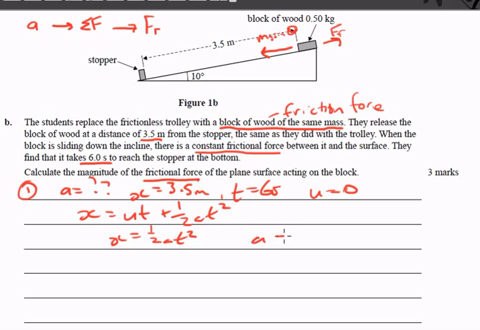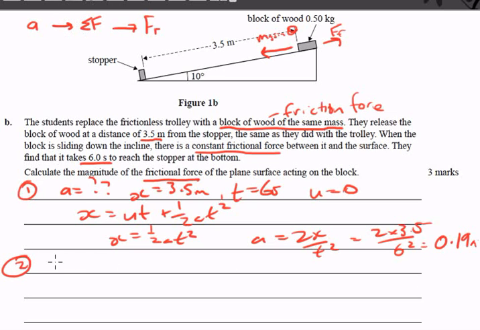Rearrange how I did before: a equals 2x over t squared, which now is 2 times 3.5 over 6 squared, which equals 0.19 meters per second squared. I've got the acceleration.